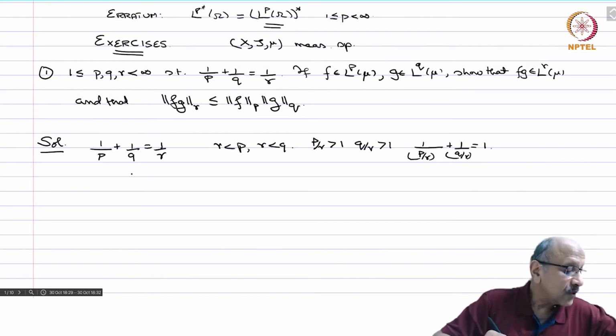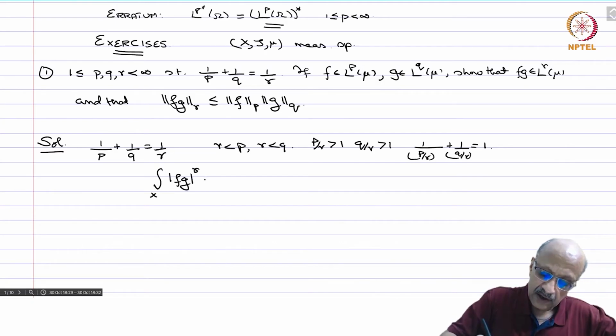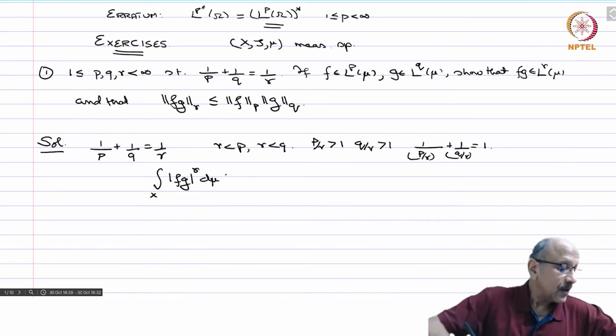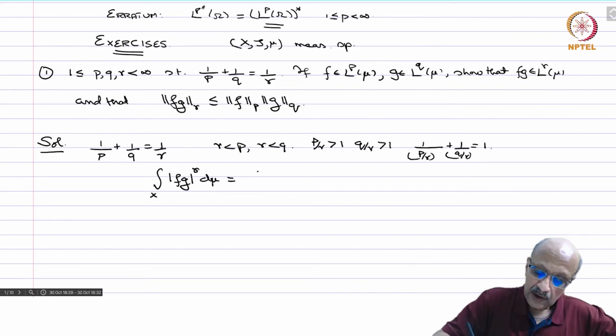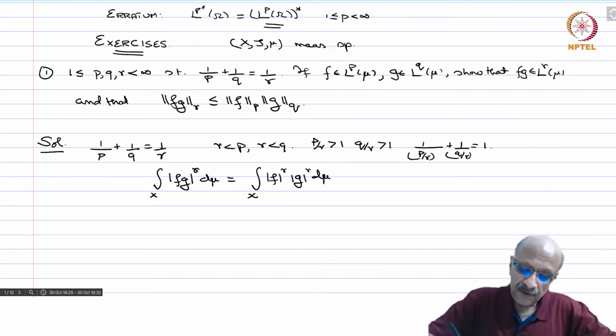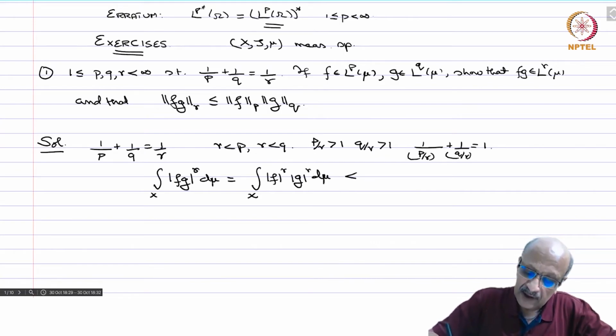Now if you take the integral over X of |fg|^r dμ, that is equal to the integral over X of |f|^r |g|^r dμ. Now f is p integrable, so |f|^r is p/r integrable, and similarly |g|^r is q/r integrable, so we can apply Hölder's inequality.